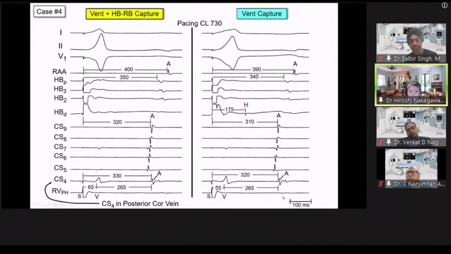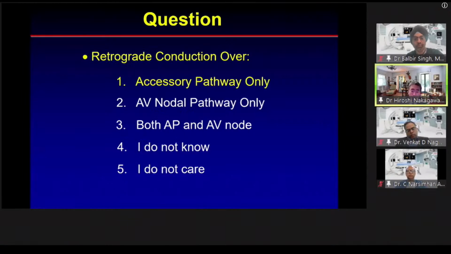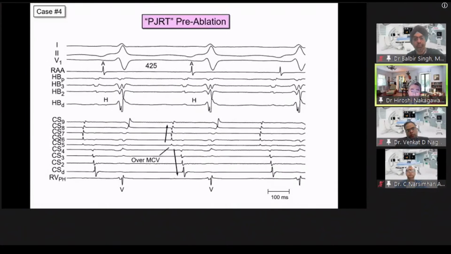But again, identical A activation sequence, independent of His activation timing, indicates this is an accessory pathway. It turns out to be located at the middle cardiac vein in this patient with PGRT. We ablated the MCV and terminated the tachycardia. This is the PGRT.